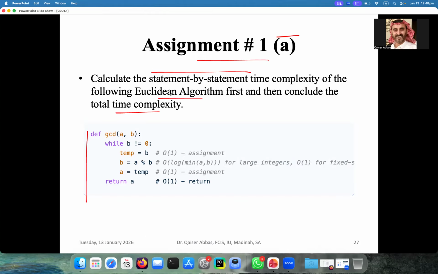By the way, here some statements are already given, but this is not given, this is not given. You have to write it by yourself, and then you have to write it in summation form, and then, by ignoring lower terms and taking only the higher terms, what would be the final? Final would be this one, order of log of, what is this? You have to see.